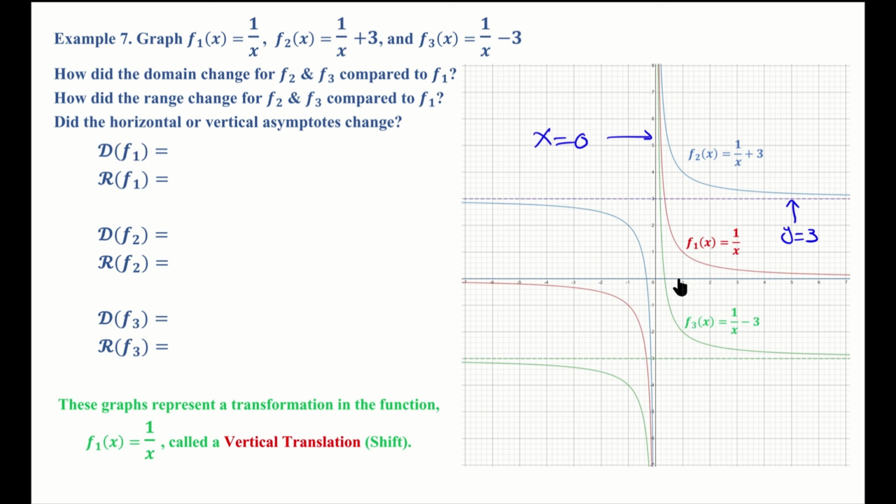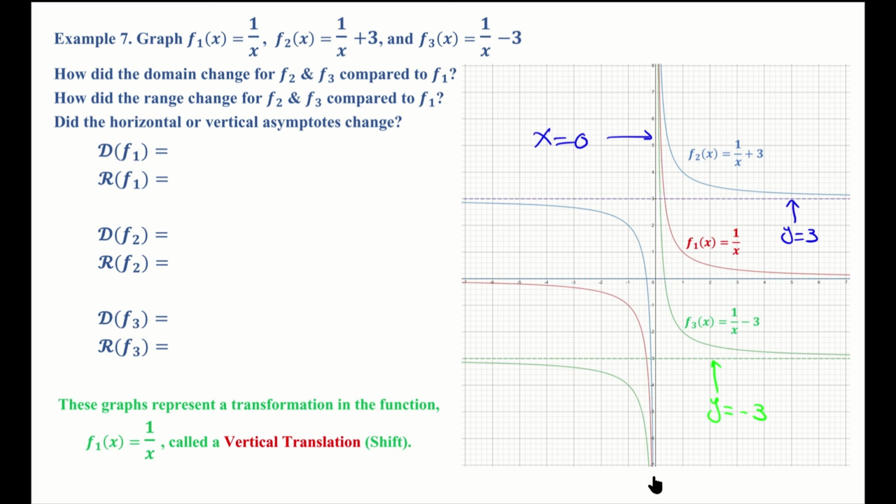So the asymptote is going to pull down with it. The asymptote also goes down 3 units, and it moves to this point, negative 3. So the equation of the horizontal asymptote for the green graph is going to be y equals negative 3. Again, both of those are called vertical translations.